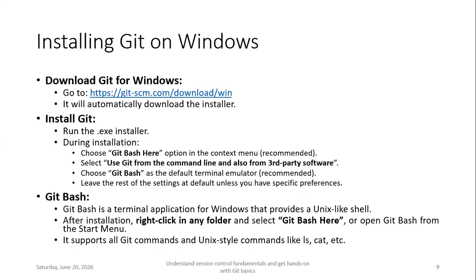After you have enabled Git Bash when installing it, every time you want to use Git Bash, you just go to the folder that you want to open through your terminal. Right click on that folder, and it will say Git Bash Here. When you select it, a terminal emulator will open.